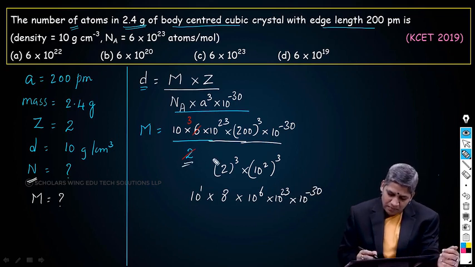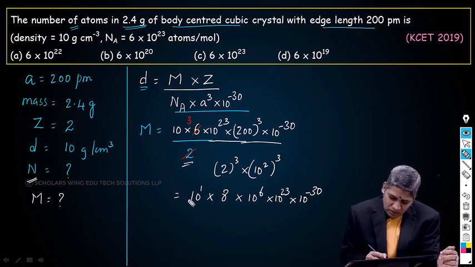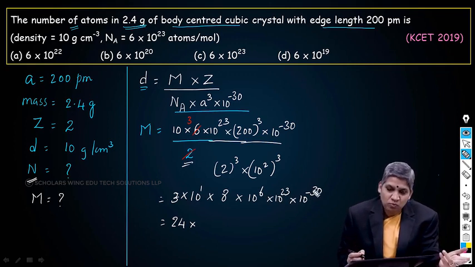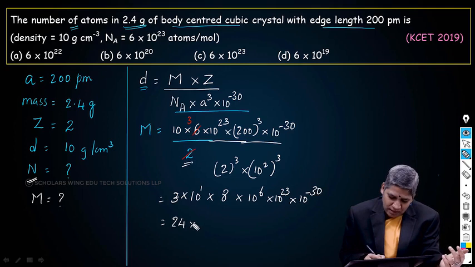Nothing in the denominator, so only numerator is left. 3 is also there, so this 3 into 8 is 24, into 10 power, 1 plus 6 is 7, 23 plus 7 is 30, plus 30 minus 30, that is 0. Therefore, 10 power 0 will be 1. Therefore, it is just 24 gram per mole.